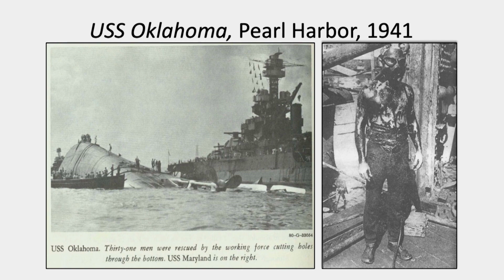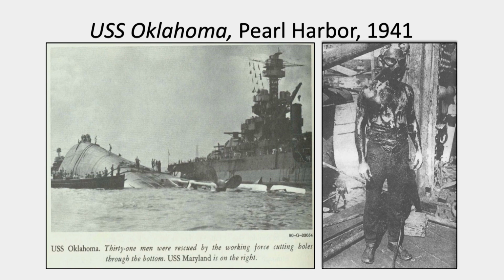You can notice the hull of the ship, and it's turtled over, and there were a lot of sailors and Marines who were trapped. There were tremendous efforts to try to rescue those sailors, but unfortunately, we still lost approximately 430 odd sailors and Marines that day.